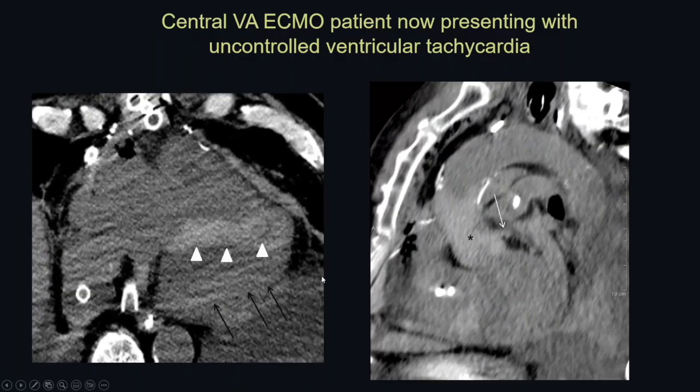Remember, this is someone on a central VA ECMO. They have poor cardiac function and poor respiratory function. VV ECMO would be used for respiratory failure, while VA ECMO is typically used when there is cardiorespiratory failure.